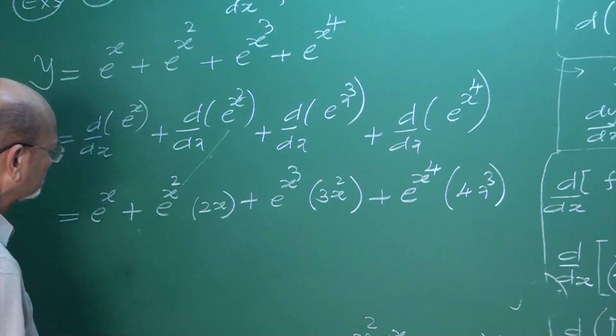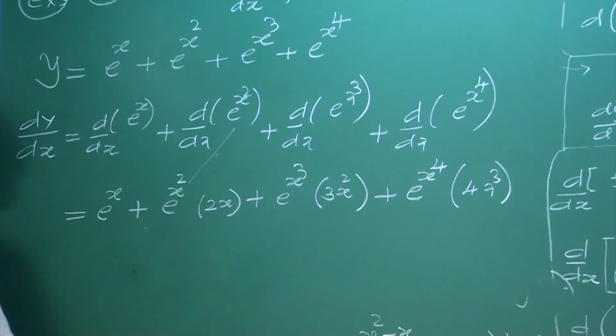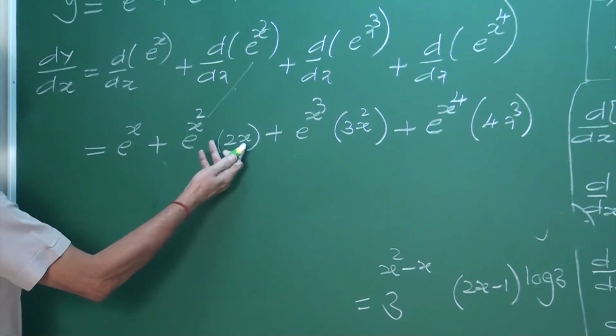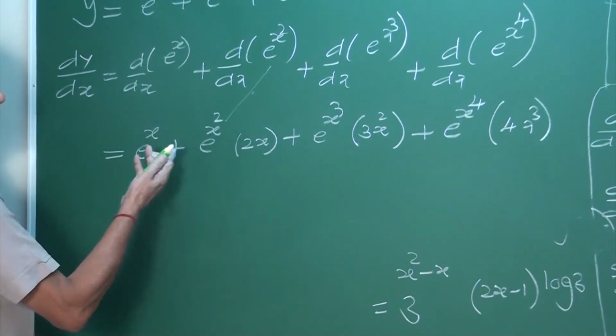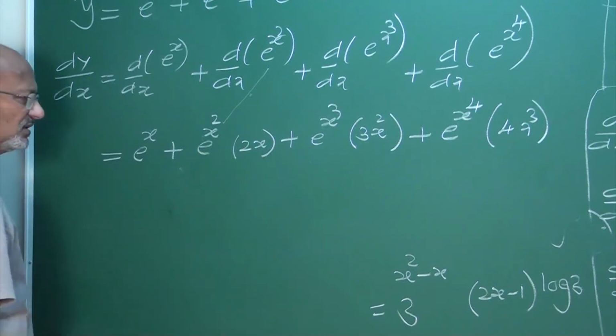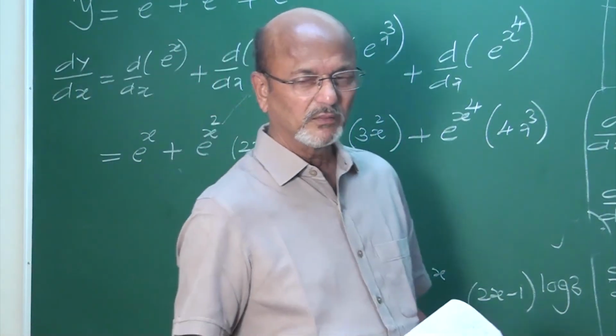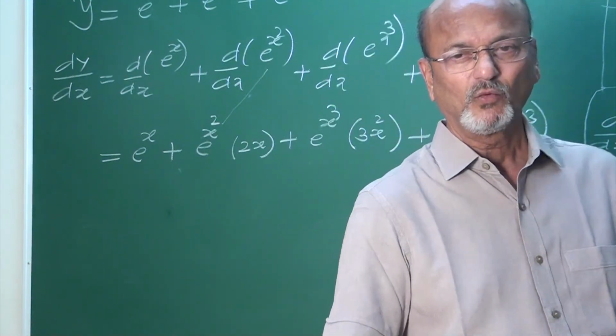Finished, my friends. Yes, it is better. You can take x common, nothing other than x is common. Instead of taking common, you can just keep it as it is. It is there in the model question paper under 1 mark question.